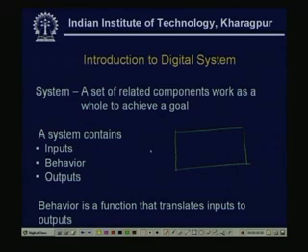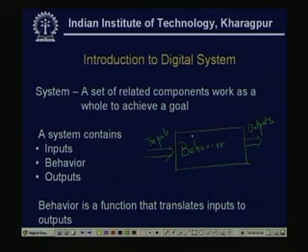Now, we are feeding some inputs, and this is the behavior, meaning how this black box works, or how these related components, the parts of the system as a whole, work to produce some output. So, these three together, inputs, behavior and outputs, we are defining as a system.